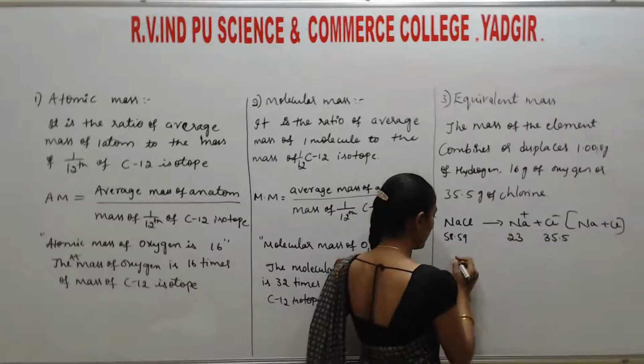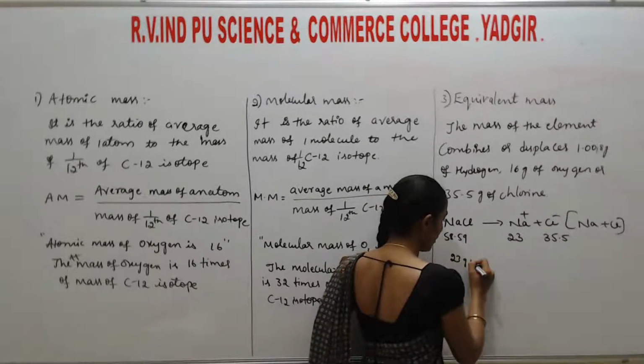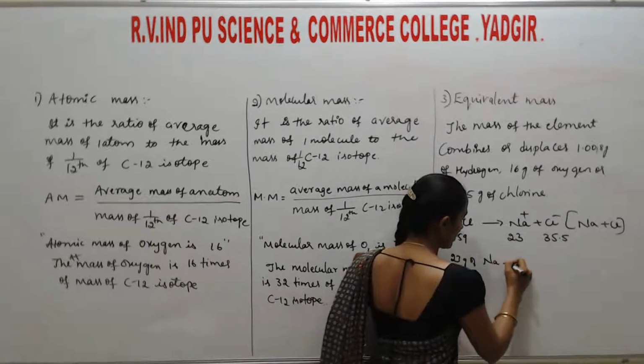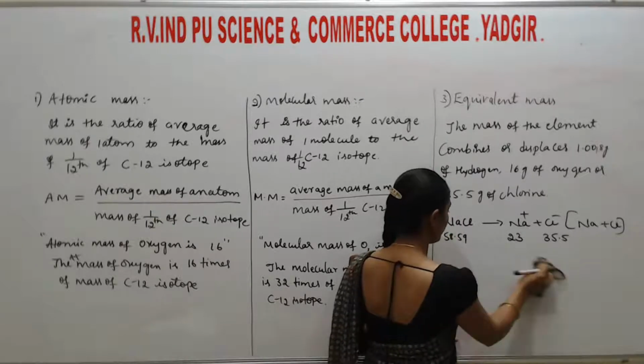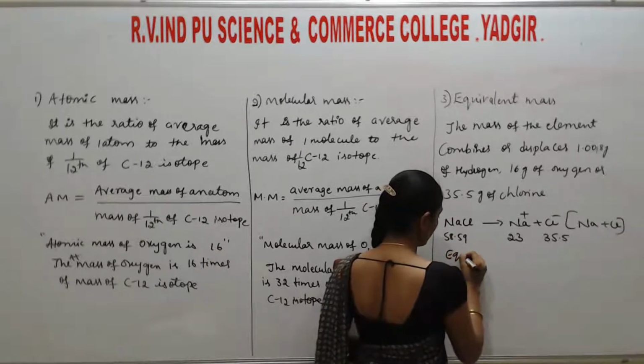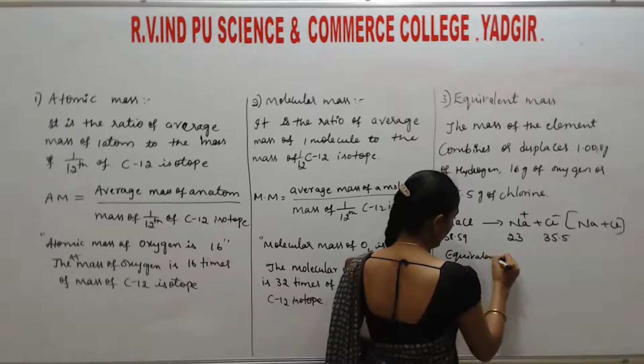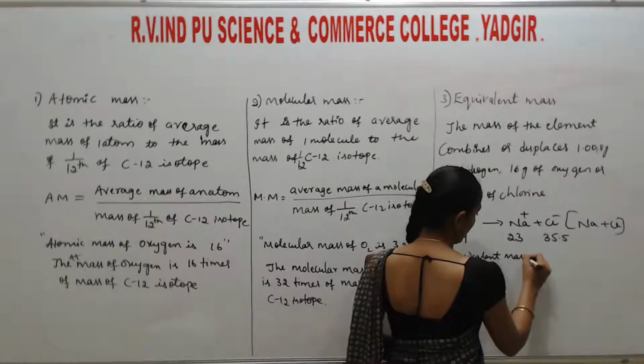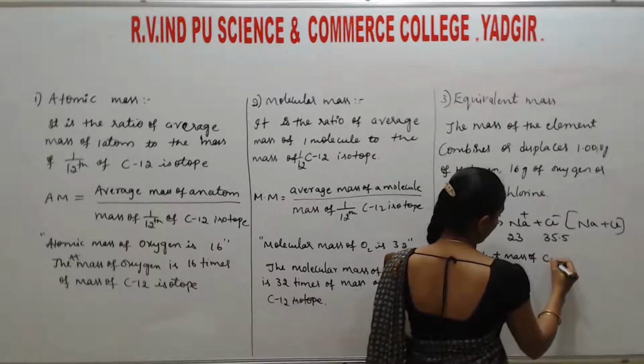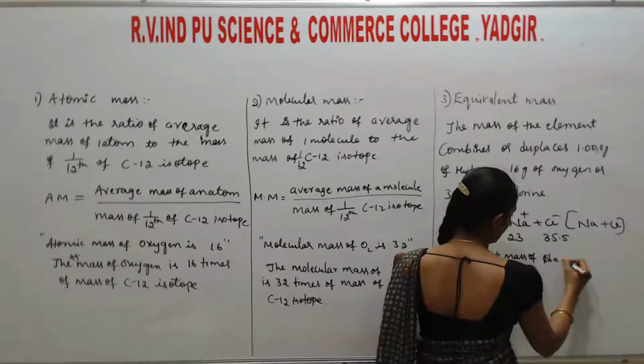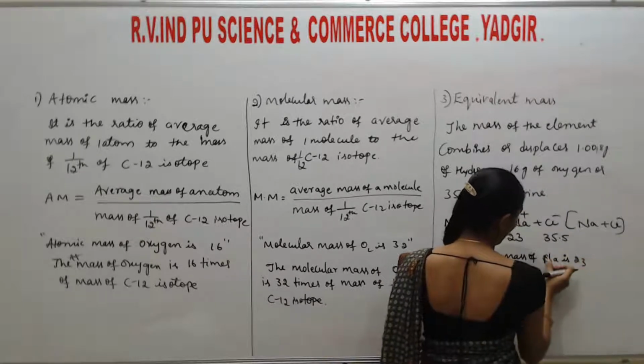So this means the equivalent mass of Na is 23. Why?